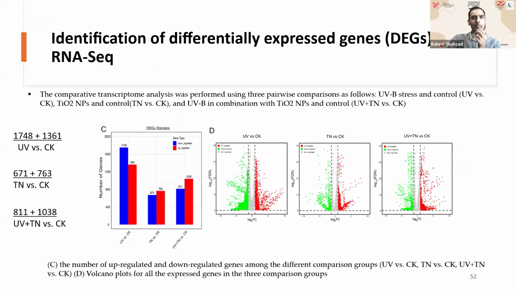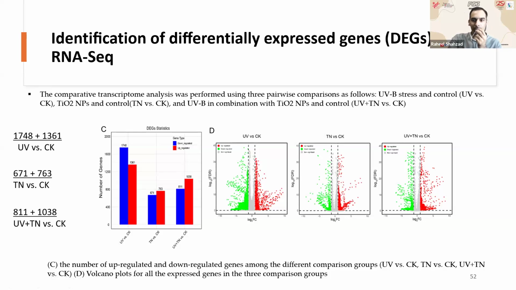And then the interesting part is the identification of DEGs, which are differentially expressed genes. So we find that the higher gene dynamics were observed in the group of UV versus control. And then we also have an average number of DEGs in the group of UV plus TN compared to the control group.